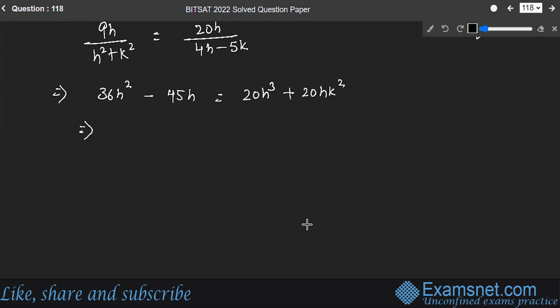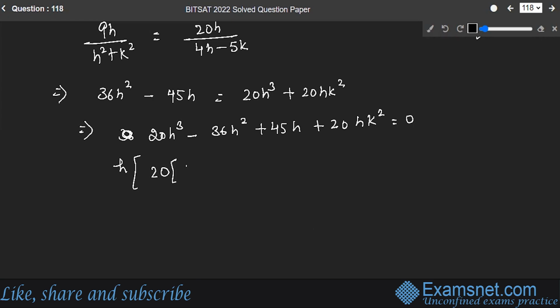So you will have 20h cube minus 36h square plus 45hk plus 20hk square is equal to 0. I'm taking h common. So you have 20(h square plus k square) minus 36h plus 45k is equal to 0.